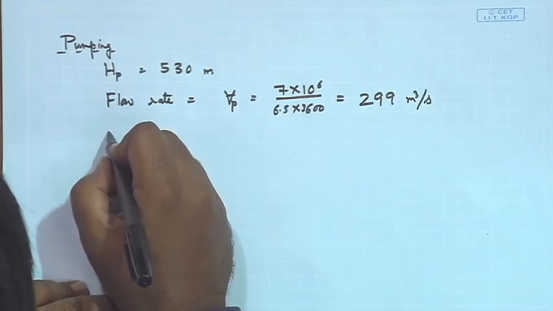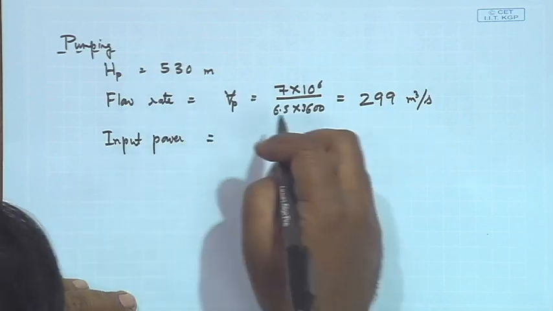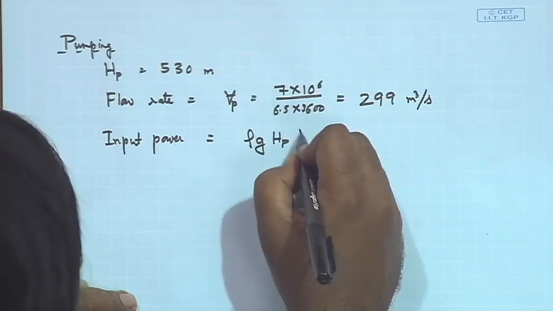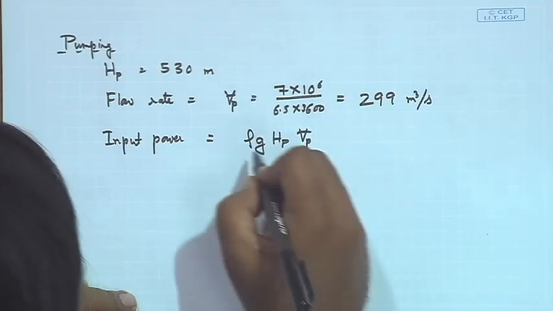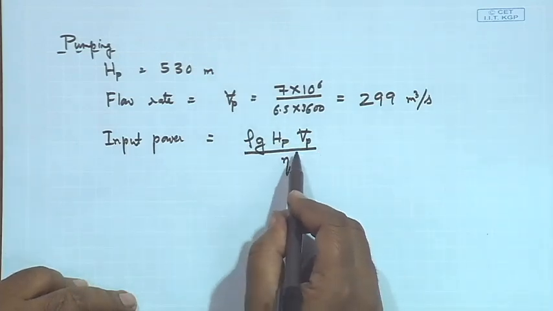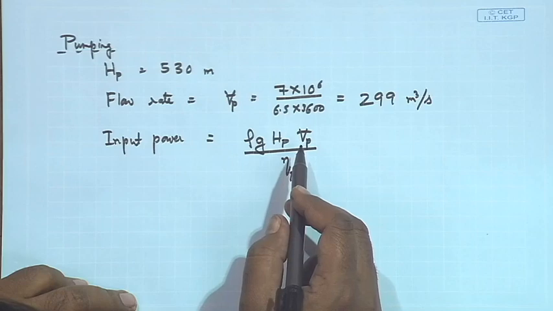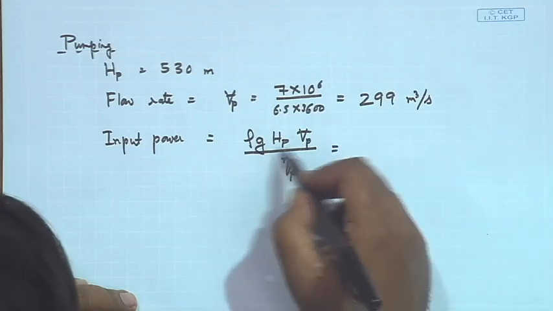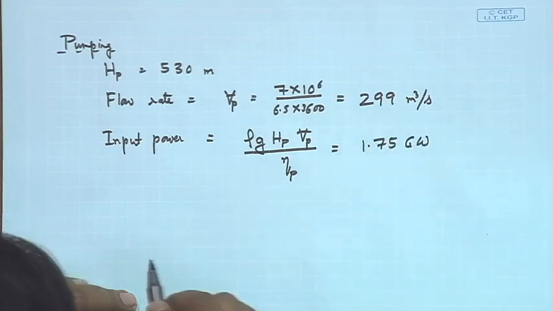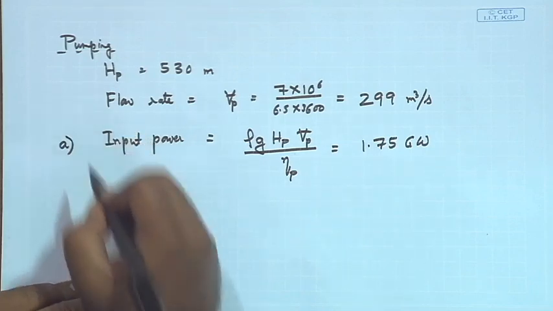So, therefore, input power is going to be rho g pumping head times the flow rate through the pump, this time divided by the pump efficiency, because the input power to the pump has to be more than the energy that is gained by the water that is pumped up. Okay. So, we know all the values here, so I am not writing everything, and this turns out to be 1.75 gigawatts. Okay. So, this is my A.